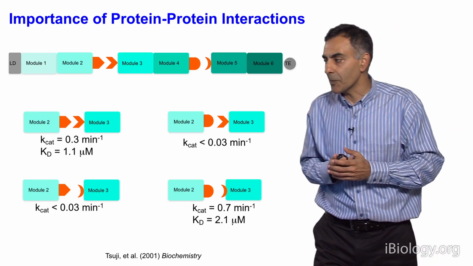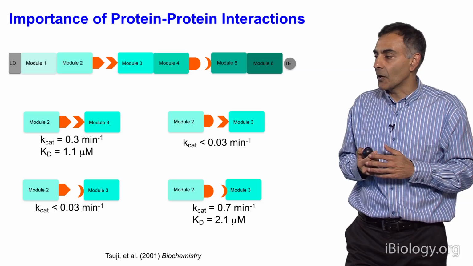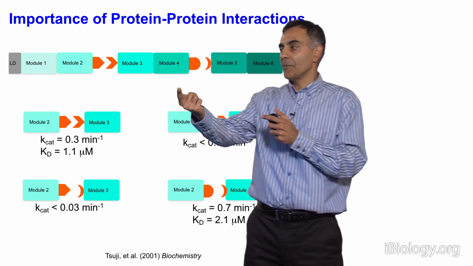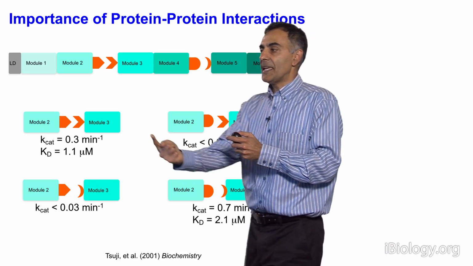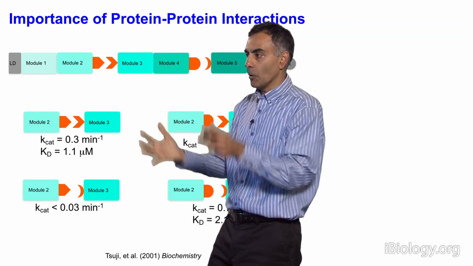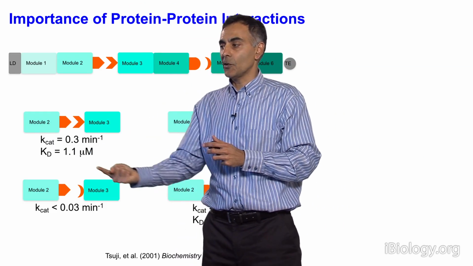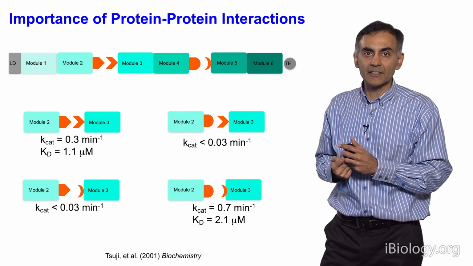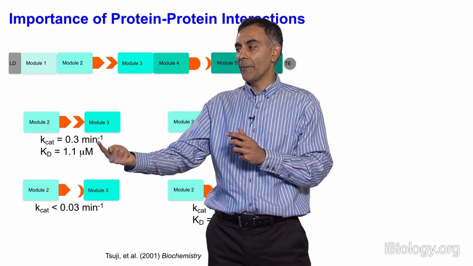This is one example of an experiment that Stuart Tsuji did in my lab some years ago, where he kinetically isolated from the entire DEBS assembly line you see over here these two modules, module 2 and module 3. He pulled them out of the overall system, put them into a test tube, and reconstituted their full enzymology that's shown in this scheme, measuring the appropriate parameters.